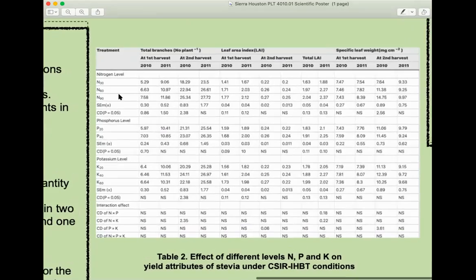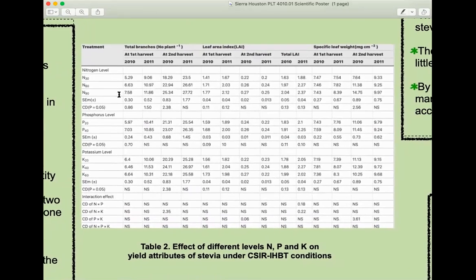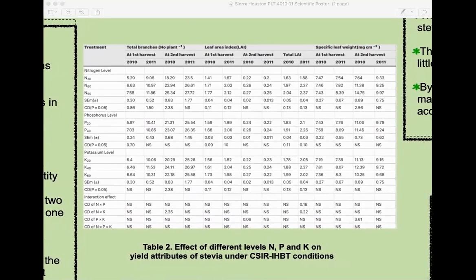You can see 30, 60, and 90. The remaining half of the nitrogen was split into 2 equal doses and applied 30 and 60 days after transplanting.